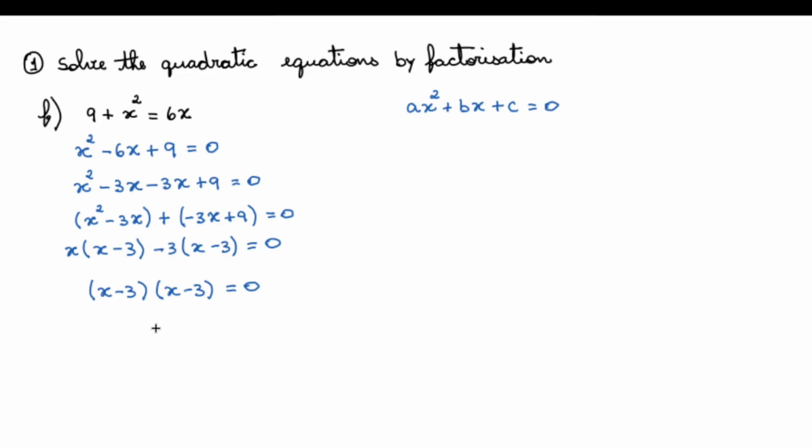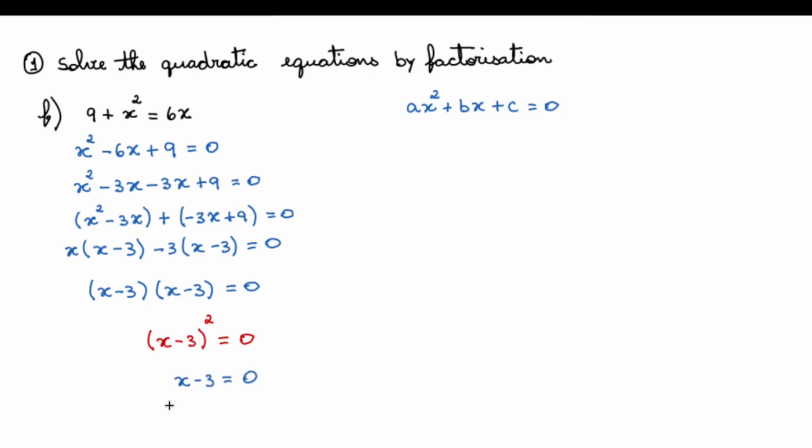This means that the factorization of x squared minus 6x plus 9 equals 0 is x minus 3 squared equals 0. Again, we can apply the null factor law and write x minus 3 equals 0.